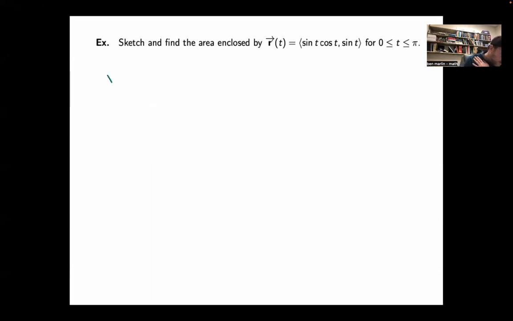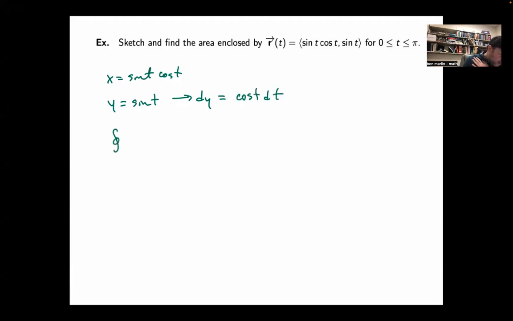So our x is sine t cosine t, and our y is sine t. We need to figure out the dy. We don't actually have to find the dx, which I totally did last time for no good reason. So we're going to get a cosine t dt.